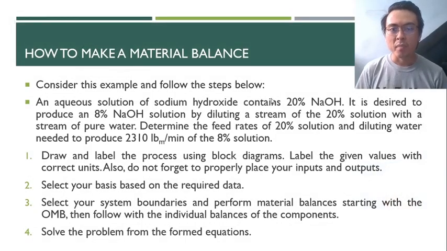Okay, so your original solution is an aqueous solution that is 20% sodium hydroxide. We want that to be diluted to 8% using water. And another given is that your final solution is 2,310 pounds mass per minute.